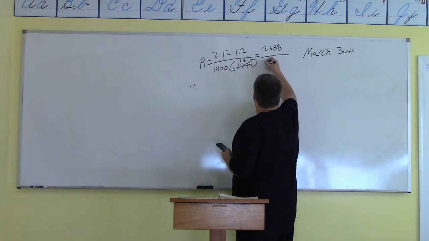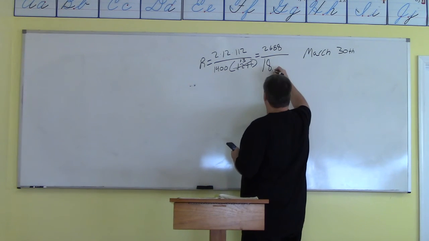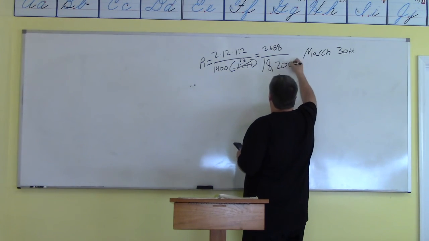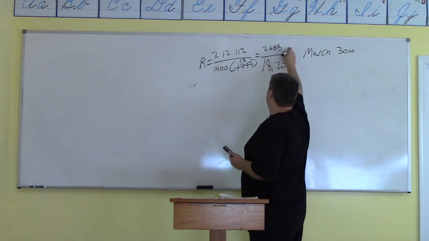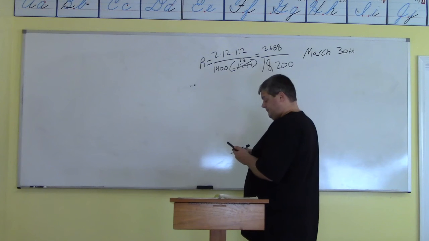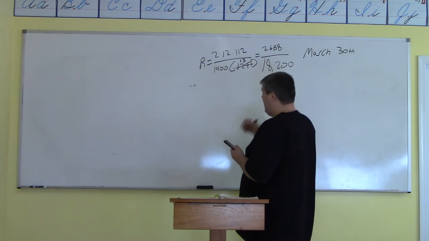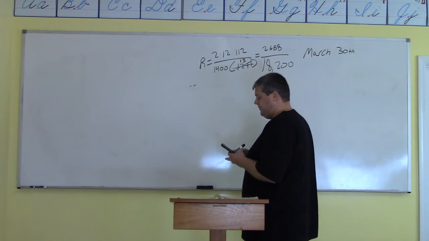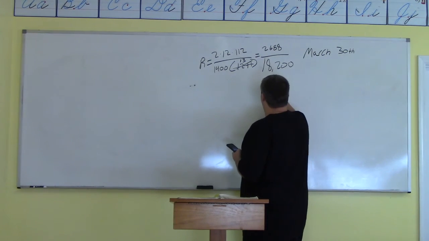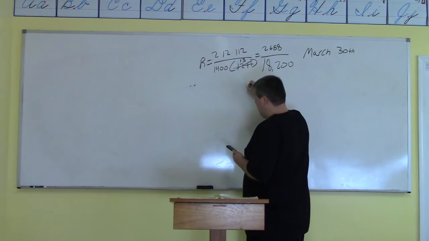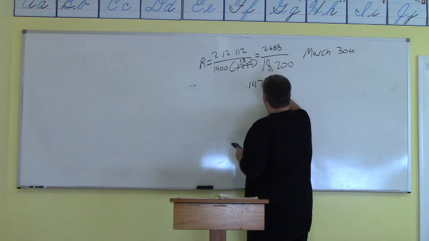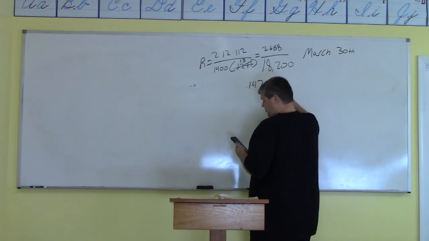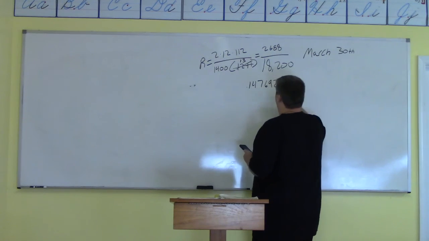You have 18,200. And at this point, all you're doing is plugging these numbers in your calculator. 2,688 divided by 18,200. And that should give us this number, whenever we break this down. It should be 0.14769231.